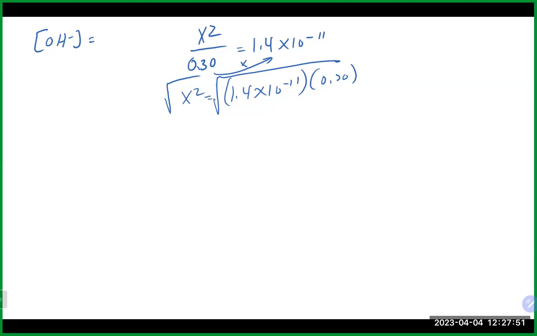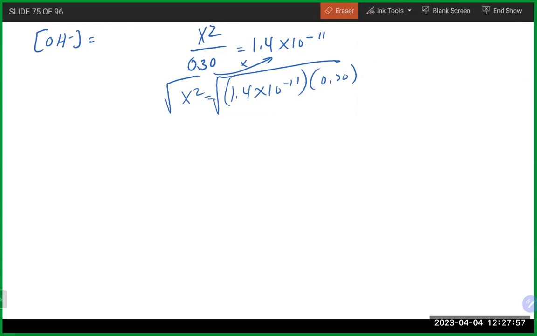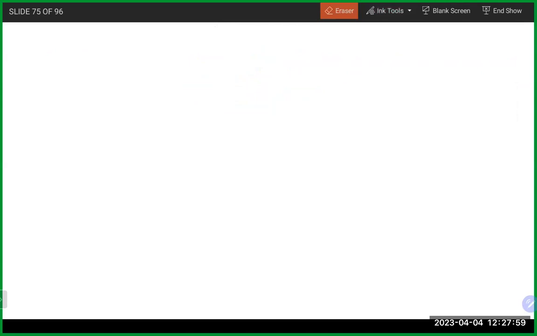Other questions on that? Okay, so we checked our assumption, and again, that's why we got rid of the x that we were subtracting from. It was a good assumption, and that meant that our OH minus concentration in this case, my x value, was 6.83 times 10 to the minus 6.